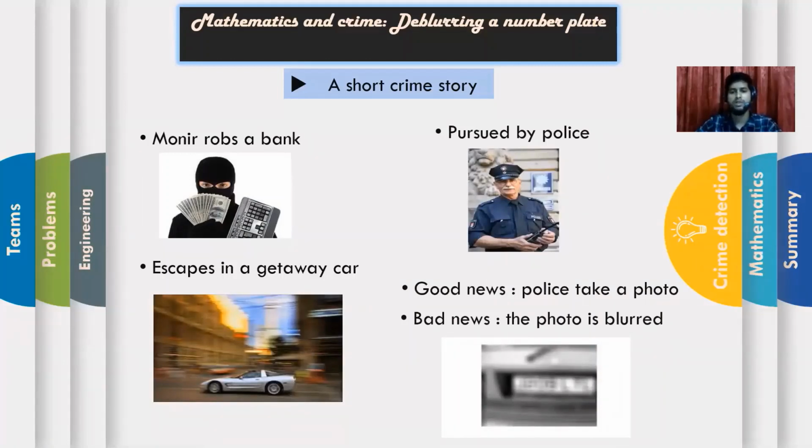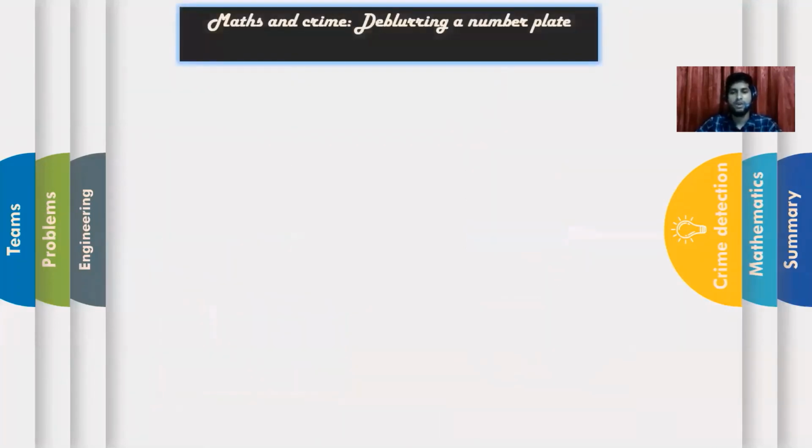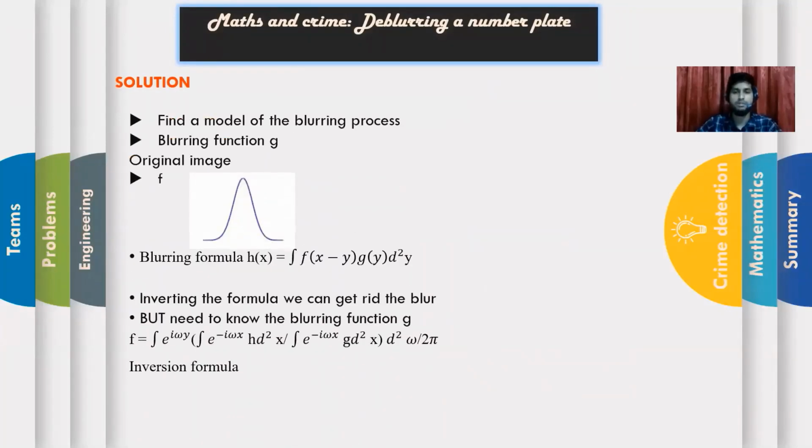It's good news that the police take a photo of that car, but the truth is that the photo is blurred. We want a distinct, clear photo from that blurred photo, and it's our main attention. But how is it possible? At first, we take a model of the blurring process, with blurring function g for the original function f, and a blurring formula like this, which is shown on the screen.